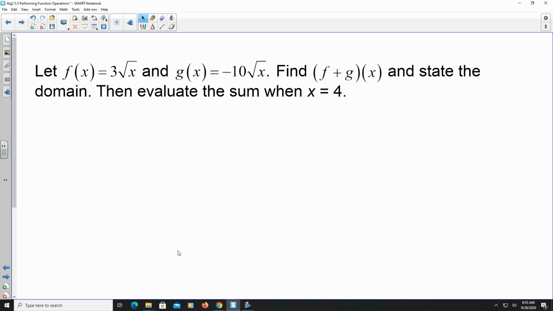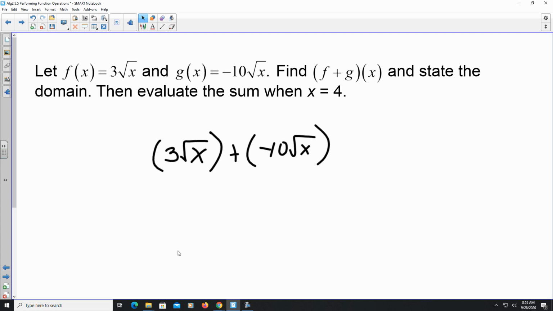So you're just going to go 3 times the square root of x plus negative 10 times the square root of x. I keep the parentheses in there just in case there's something that needs to be done, but in this case, we're good to go. We have like radicals, so we can take 3 plus negative 10, which is negative 7, so that's negative 7 times the square root of x.